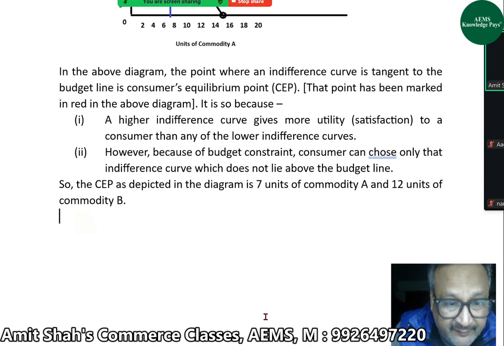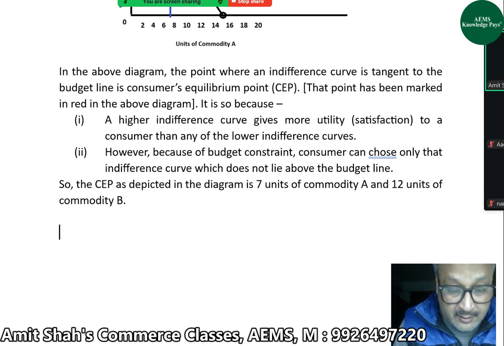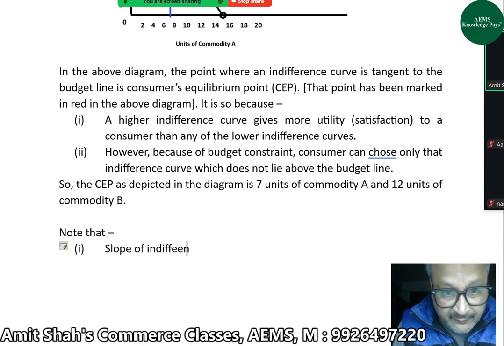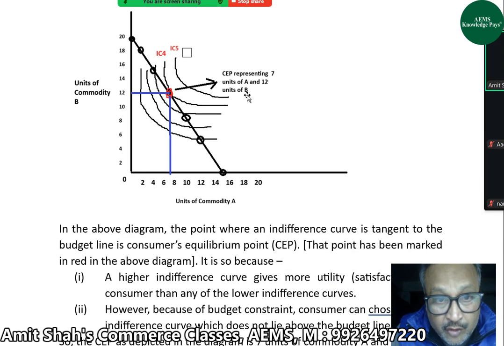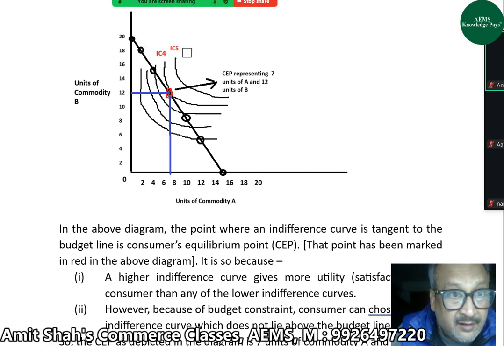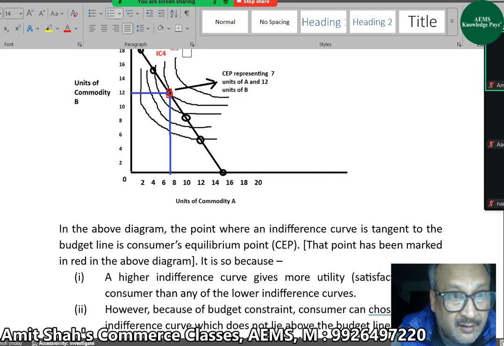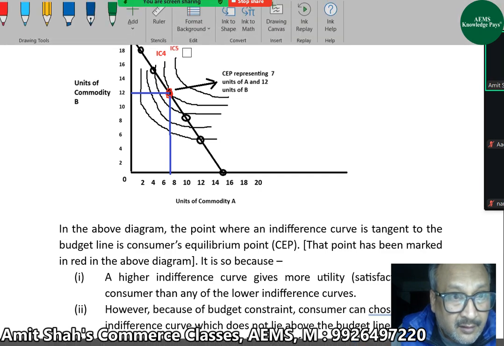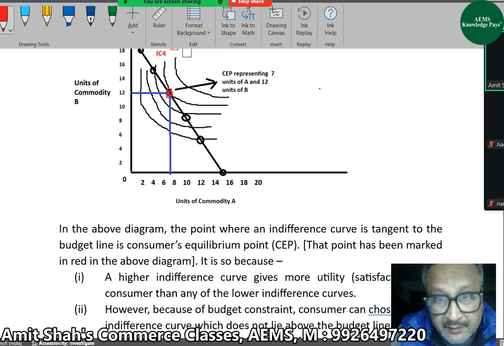Right. Now, the last thing that we have in this chapter is the slope of the indifference curve. Why do we have this kind of slope of indifference curve like this?